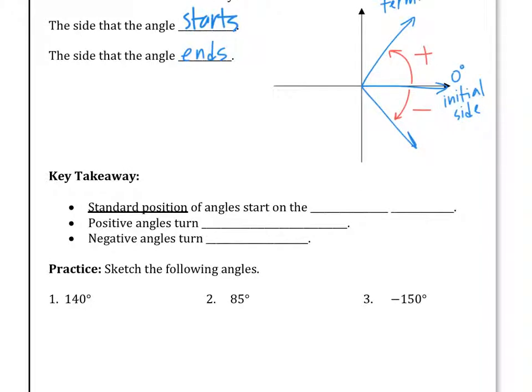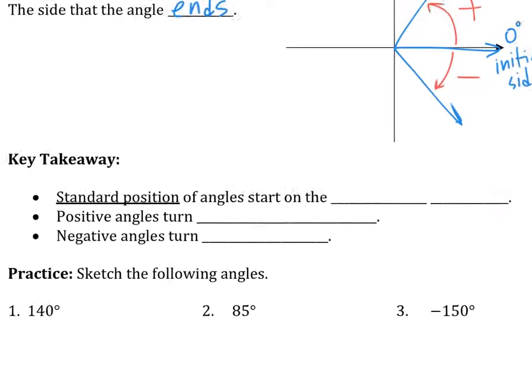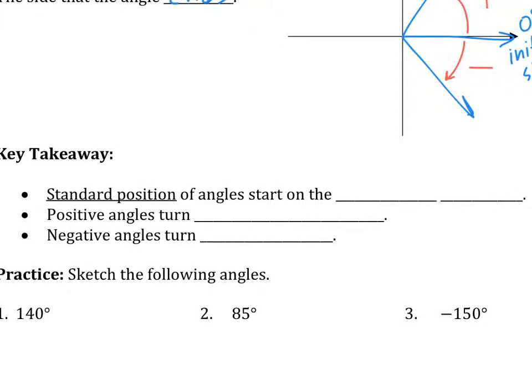All right, let's do some practice. But before that, let's write some notes. Key takeaway: a standard position angle starts on the positive x-axis. Positive x-axis just means the 3 o'clock position, the positive part of the x-axis. That's where all the angles start.